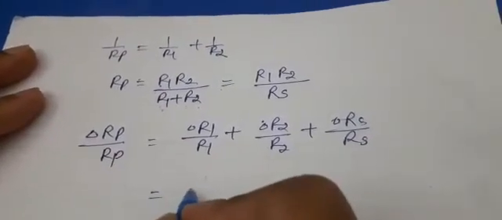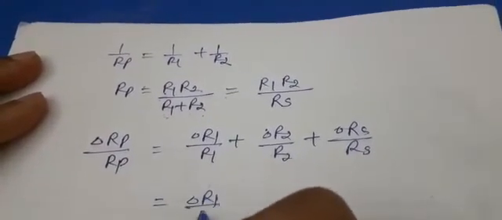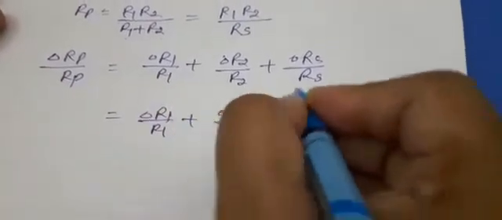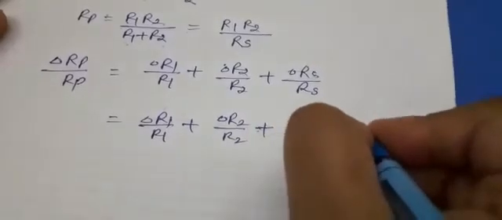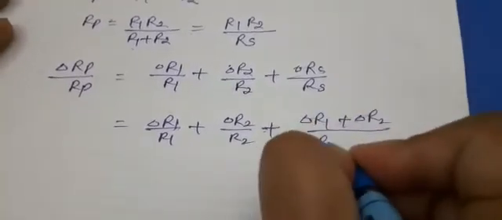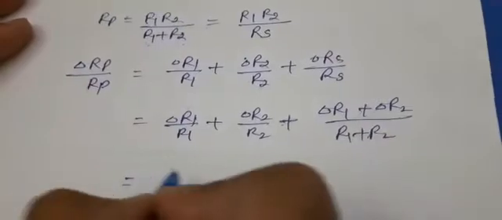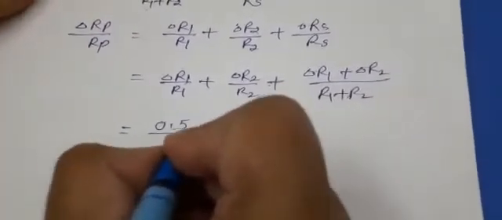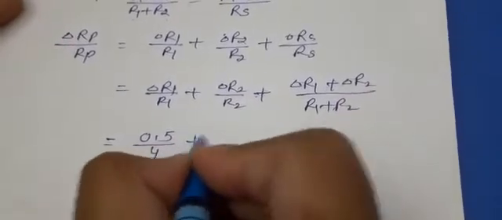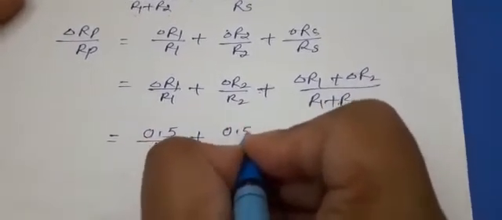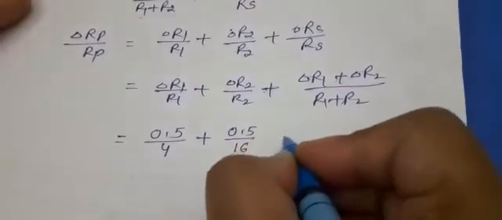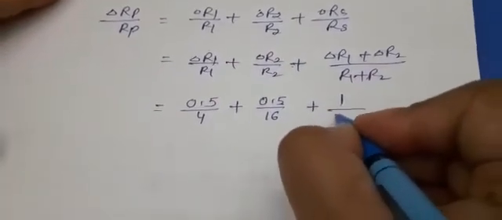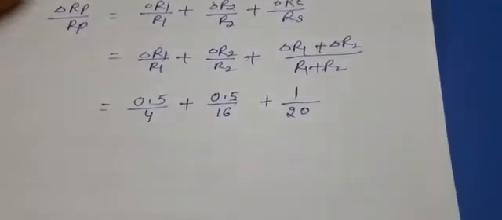Now del RS is del R1 plus del R2 upon R1 plus R2. The absolute error in R1 is 0.5 and the mean value of R1 is 4. The absolute error in R2 is 0.5 and the value is 16. And this is 0.5 plus 0.5, which is 1, upon the sum of R1 and R2, which is 20.